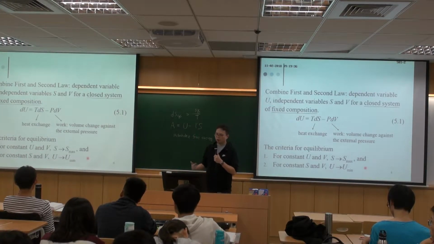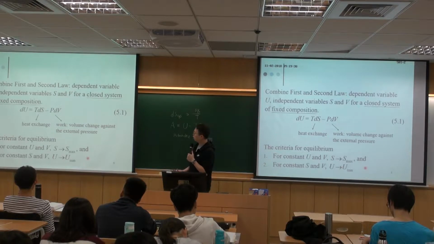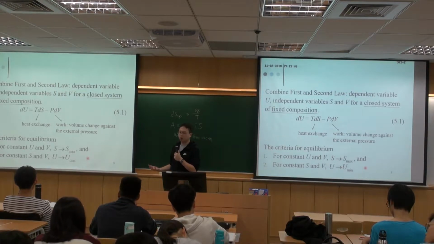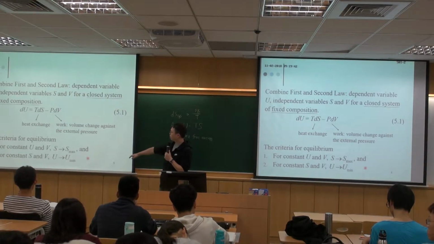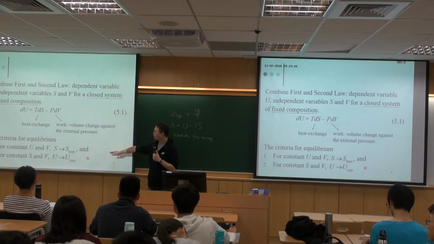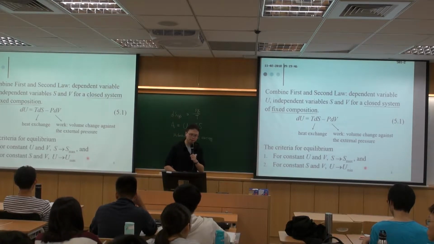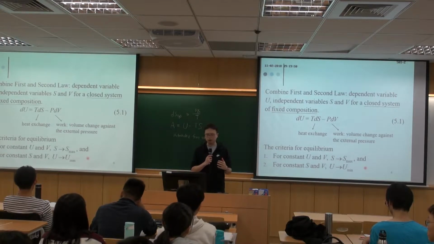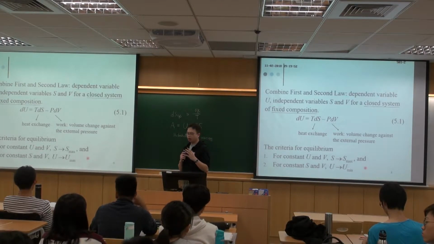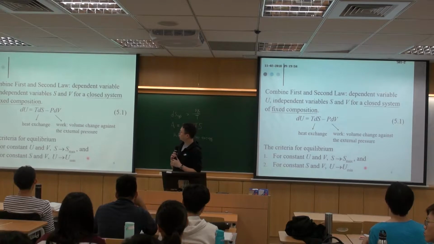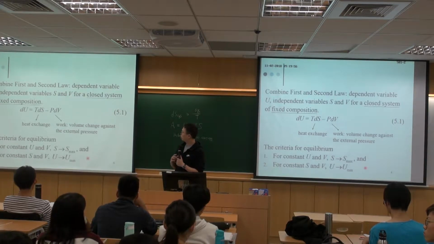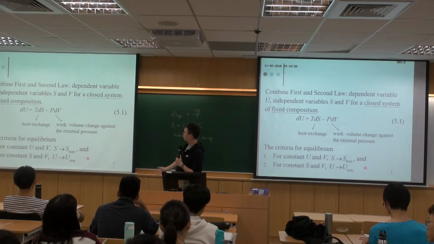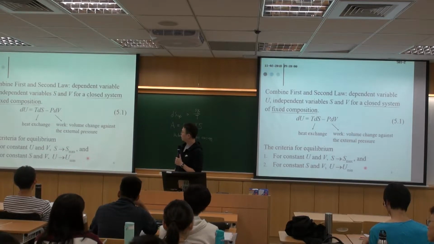And the criterion for equilibrium from the first law and the second law combined will be, for constant U and V, the entropy will go to maximum. And if you're dealing with constant entropy and constant volume, then the internal energy should go to its minimum. So actually, we've already mentioned this last time as well.